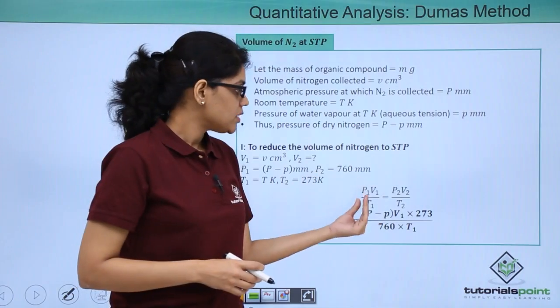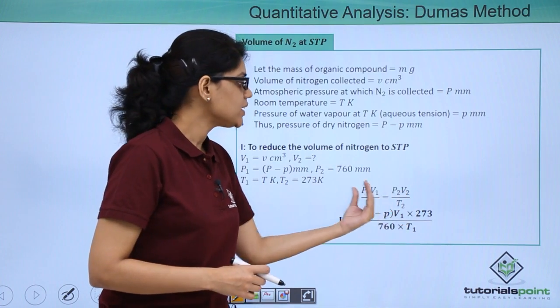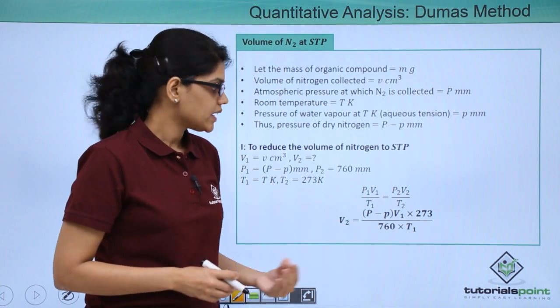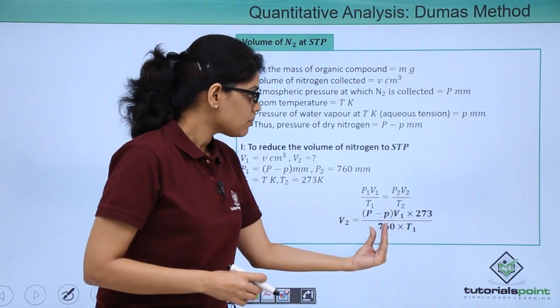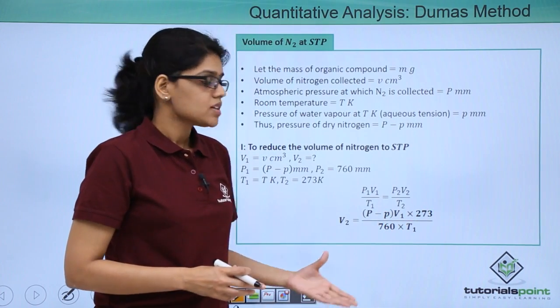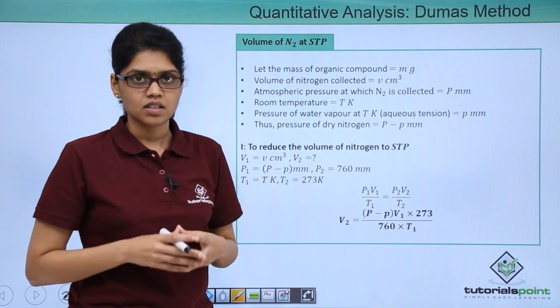We know that P1 V1 by T1 is equal to P2 V2 by T2, and by rearranging this formula we get V2 equals (P minus p) V1 into 273 by 760 into T1. This is the volume of nitrogen collected at STP.